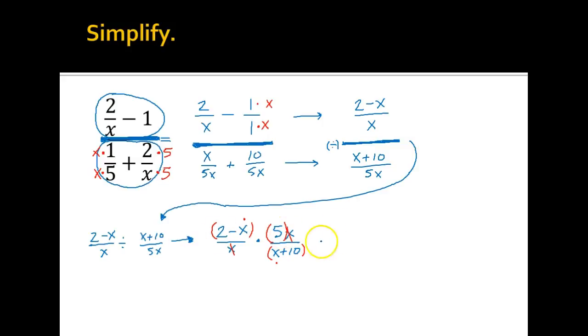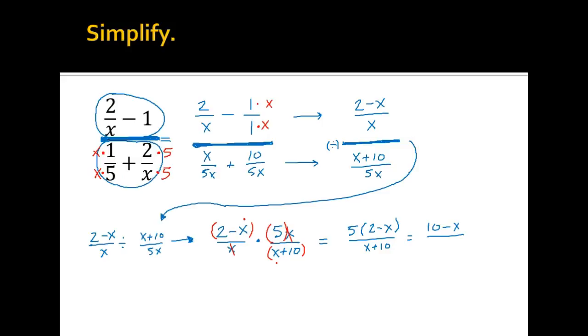So I'll go ahead and write the answer 2 ways. We could just say 5 times 2 minus x over x plus 10, or we could go ahead and do the multiplication and get 10 minus x over, oops, oh my goodness, almost forgot.